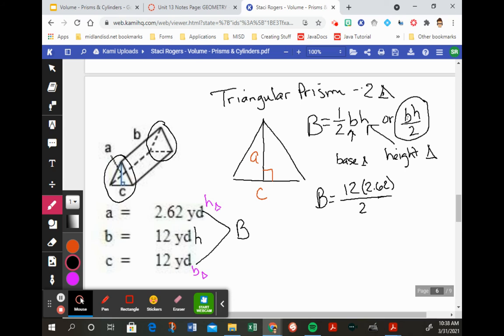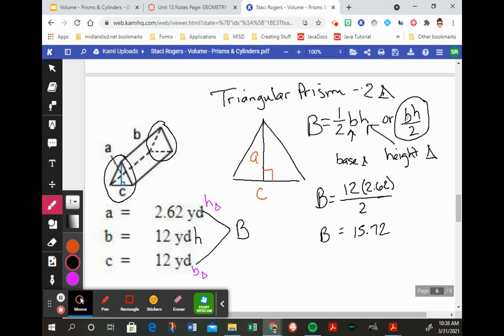And I plug that into my calculator. Twelve times 2.62 divided by 2. I get 15.72. And that's equal to big B. That's the area of my triangle.